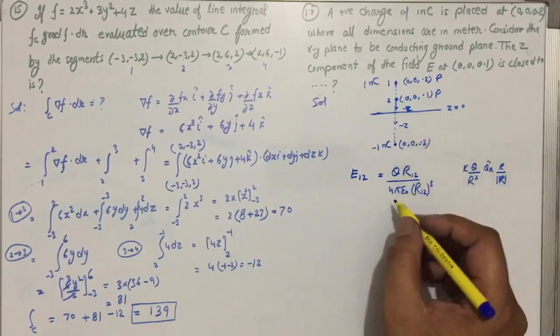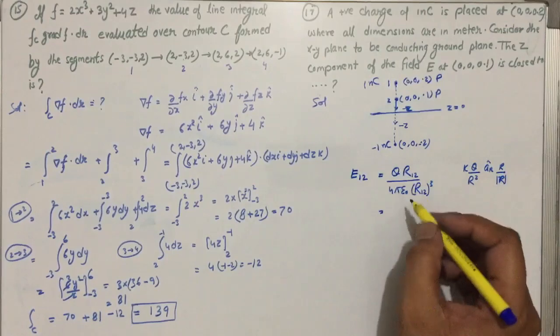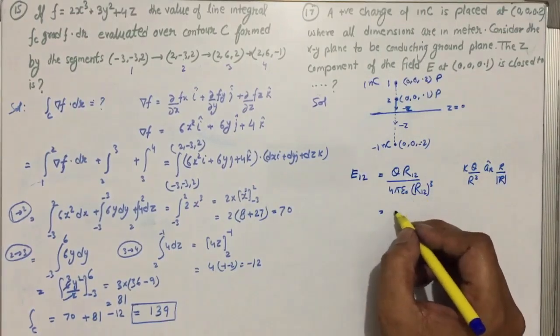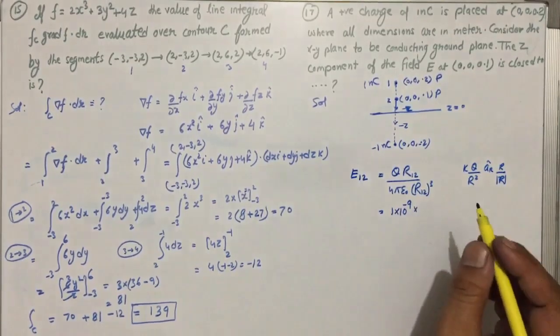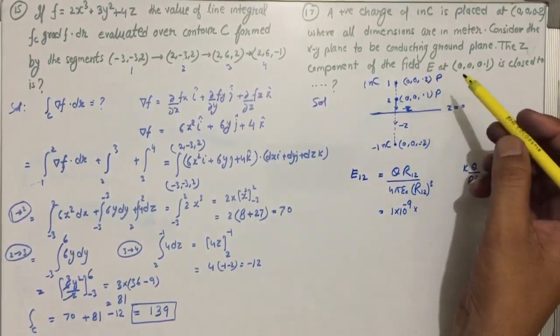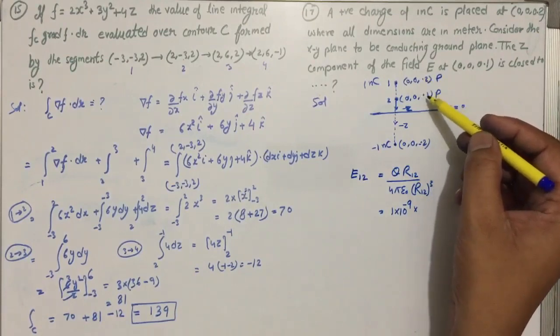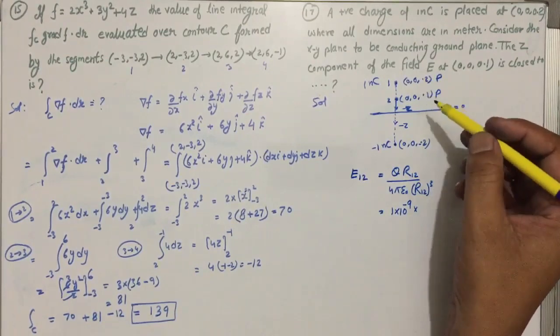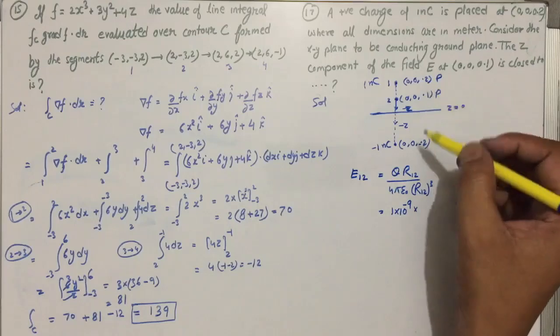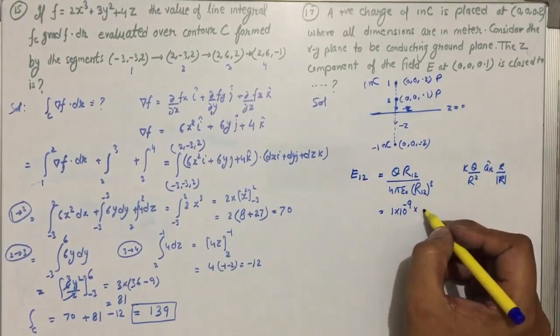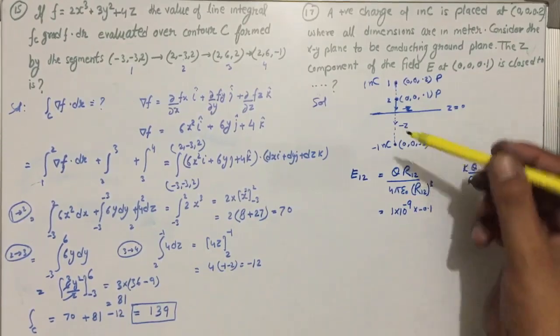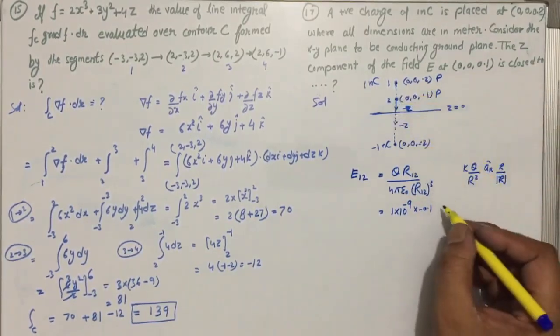Here Q is 1 nanocoulomb, 10 to the power minus 9, and R12 is how much from here to here, or we can say final minus initial. R12 means R2 minus R1, that is 0.1 minus 0.2, that will be 0.1 with a minus sign, and it will be in the minus z direction.